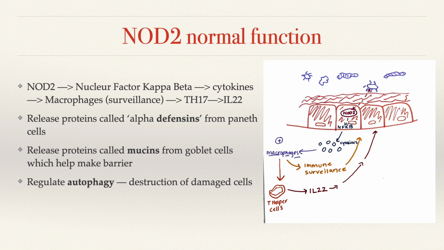And additionally, the macrophages tell things called T helper cells to make another specific cytokine known as interleukin 22. And interleukin 22 makes defensins and mucins, as we know, which protect the gut, and they upregulate autophagy against bad bacteria. And this is kind of overall showing how it's controlling the bad bacteria within the lumen.